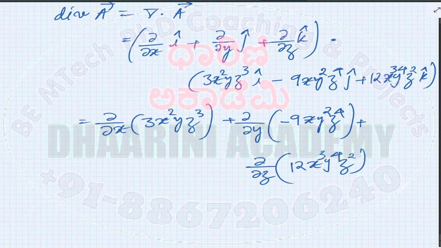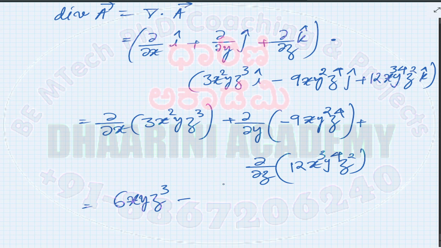Okay, now you can see that we can apply this, right? Simply differentiate. So x is getting differentiated, x² differentiation is 2x. So 2 into 3 is 6xyz³. You see y and z will not change, y as it is, z³ as it is. Only x² becomes 6x. Okay, then next term it is minus, I am differentiating y, so y² becomes 2y.